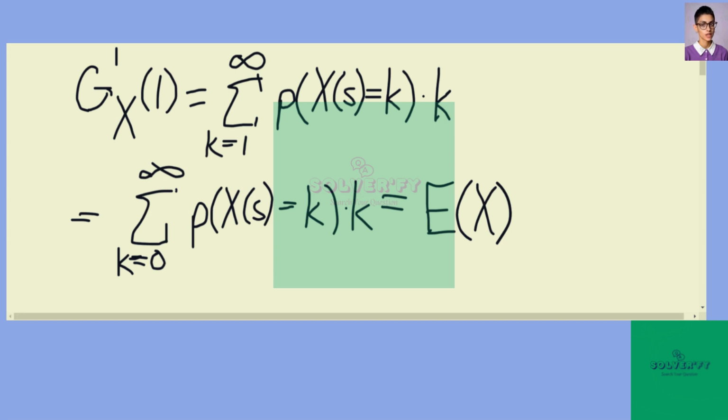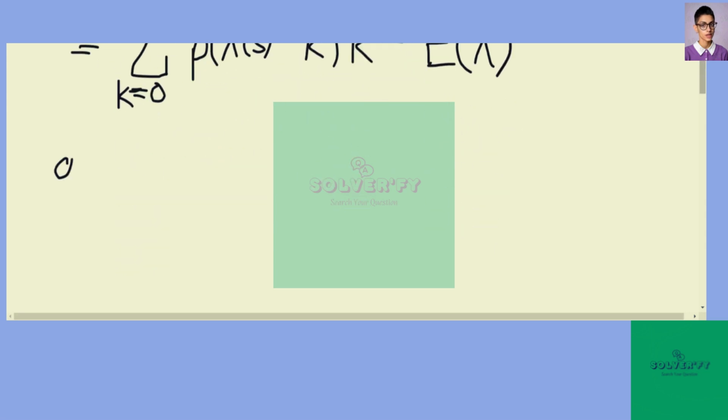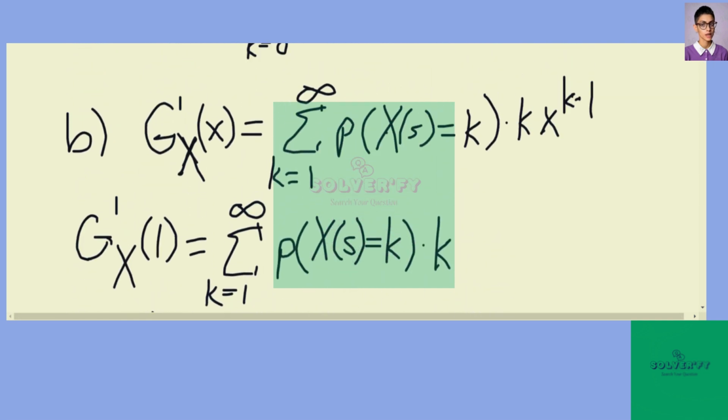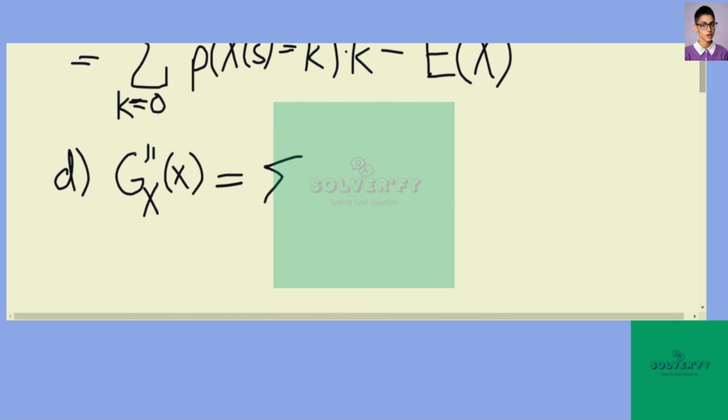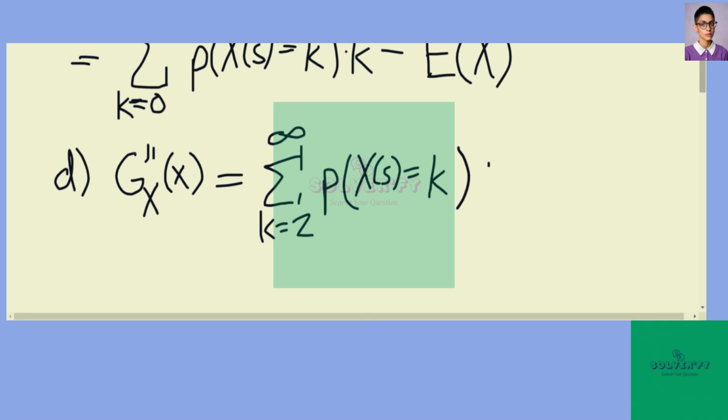So notice that G_X double prime of x is equal to, again by differentiating term by term, if we omit the first term, the sum from k equals 2 to infinity of the probability that X(s) equals k times k minus 1 times x to the k minus 2.